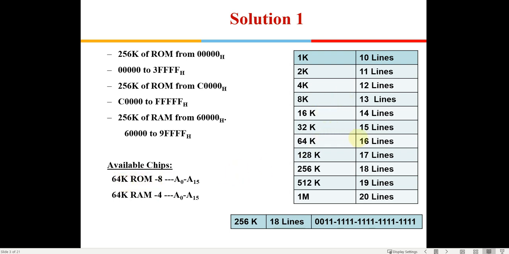For 64K there are 16 lines, so A0 to A15 will be the address lines within this chip. So the bits 16 to 19 will be used for selecting the chips, whereas the 16 lines from 0 to 15 will be given directly to these ROMs and RAMs.